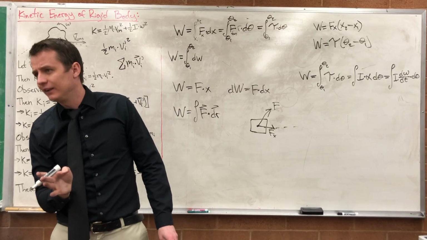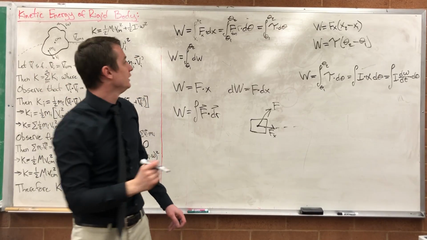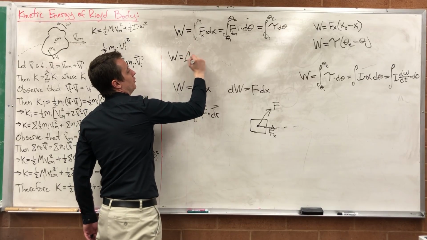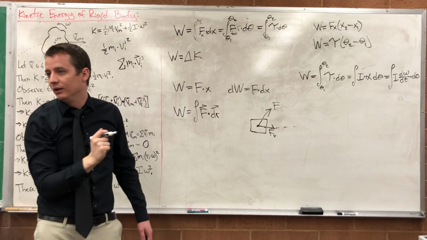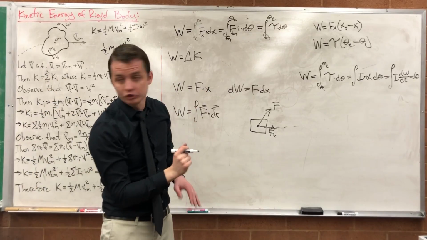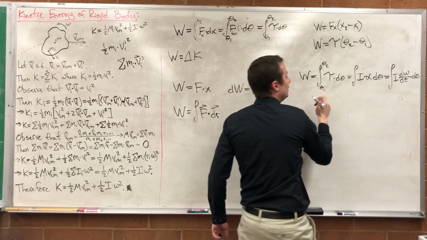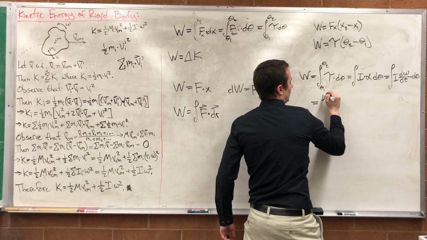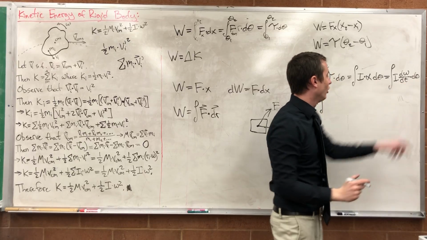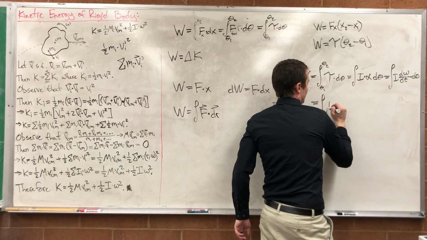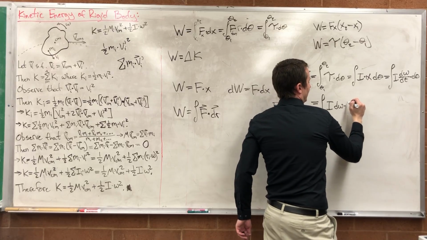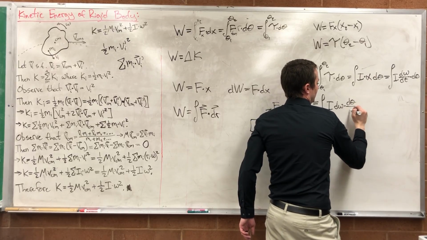I'm showing how the kinetic energy version of this comes out. We did something similar before where we said, notice that work is also equal to the change in kinetic energy, K2 minus K1. I'm going to do something similar with rotational kinetic energy. So then this is equal to the integral of, I'm going to move the dt over there, so I get I d omega times d theta over dt.